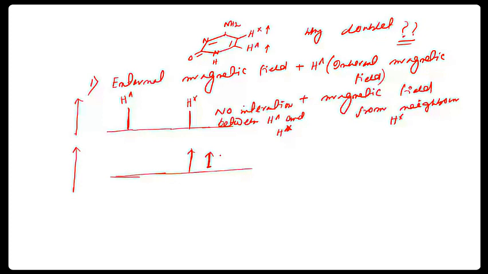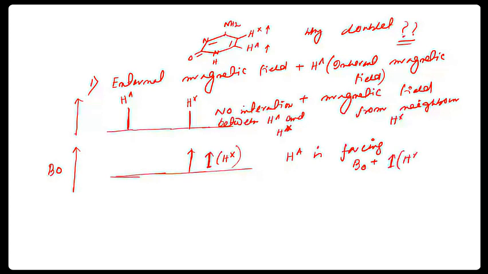So what is HA facing here? Very basic, easy to understand, easy to visualize: HA is facing the external magnetic field B0 plus this part that is aligned along the direction of the magnetic field of Hx.